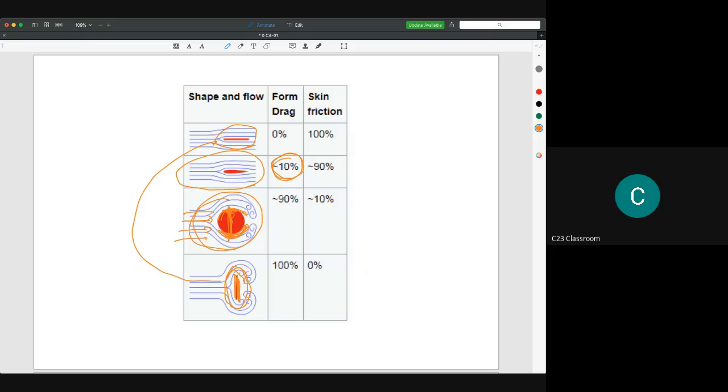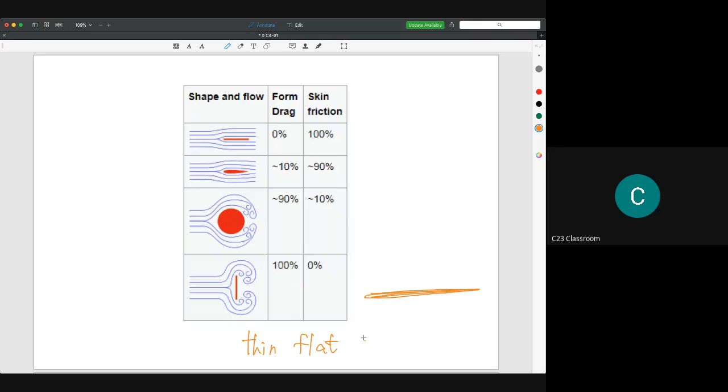I think you still remember the boundary layer that you learned previously. That's why we will discuss the boundary layer here with the thin, flat plate. The condition that we always use is a thin, flat plate because we want to neglect the effect of the form drag.